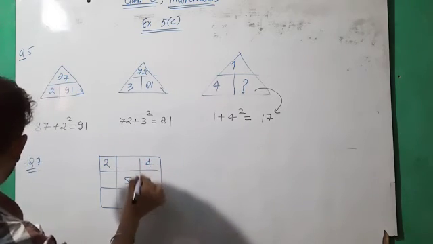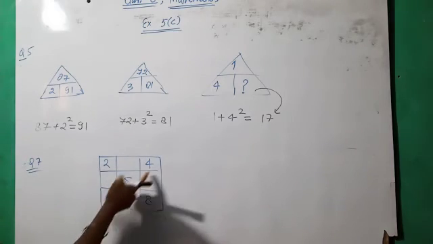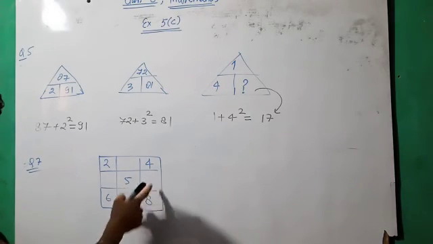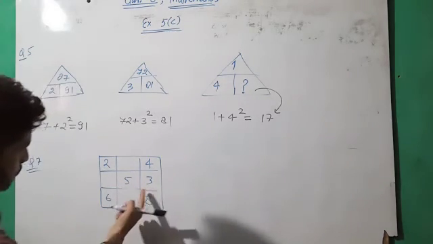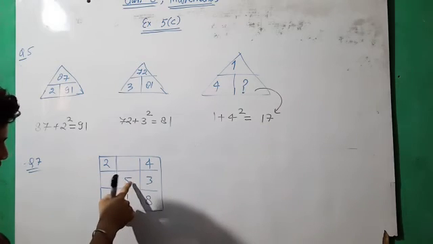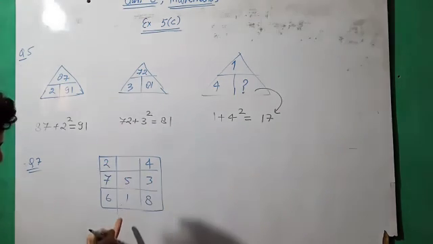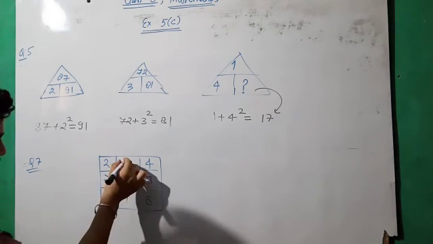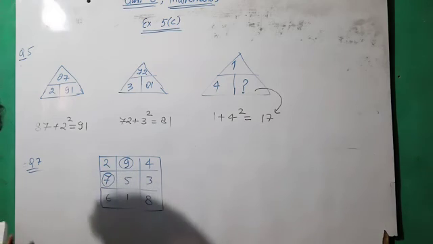The sum of the digits must be 15. For that, 4, 5, 15, and this is 15. So we have to add here 3. 4 and 3 is 7. 7 plus 8. Now we can add 1 here, 6 plus 1 is 7, 7 plus 1 is 8, 5 plus 3 is 8, 8 and 7, 7 6 2, again 15, 5 1 6, 6 and 9 is 15. So these are the digits we can fill like this.